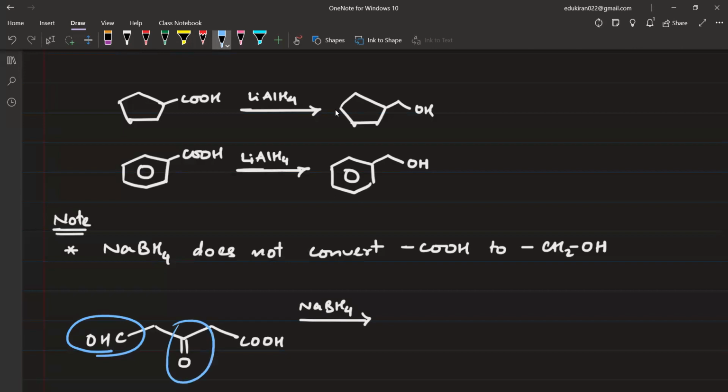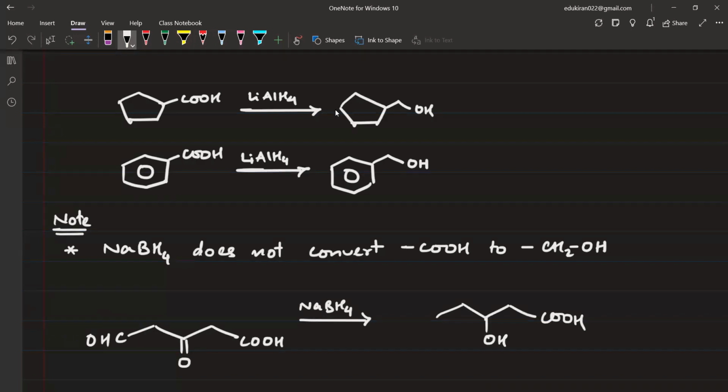It will be able to reduce the ketone also. That means this CHO, this carbon, 1, 2, 3, 4, 5 carbon atoms. This COOH will be as it is. This ketone will get converted to OH, and this aldehyde will also get converted to OH. Right? You have seen NaBH4, how it reacts.